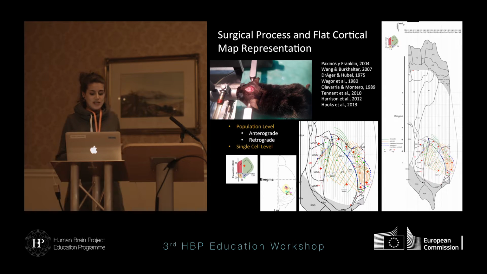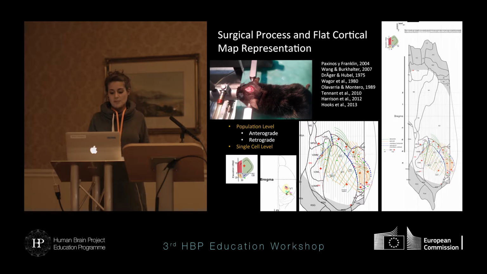So our approach, first of all, is going to be at a population level, which means that we are going to stain a group of neurons between 8 and 10, and then we're going to go to a single cell level approach.